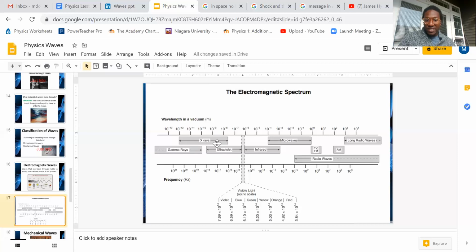We have our X-rays here. Cool part about X-rays, and we haven't gotten there yet, but they're so tiny. I don't know if you see these numbers, -8, -9, -10, -11, -12. They're so tiny, they can fit between your tissues, the molecules of your tissue.